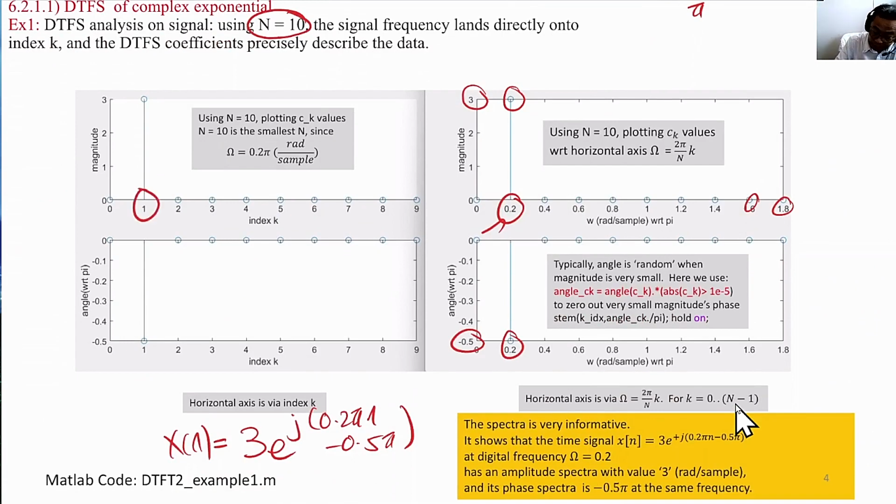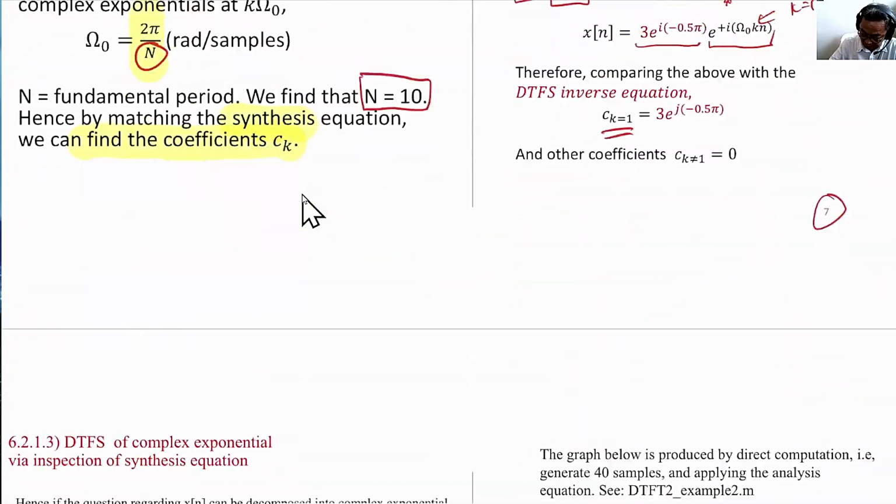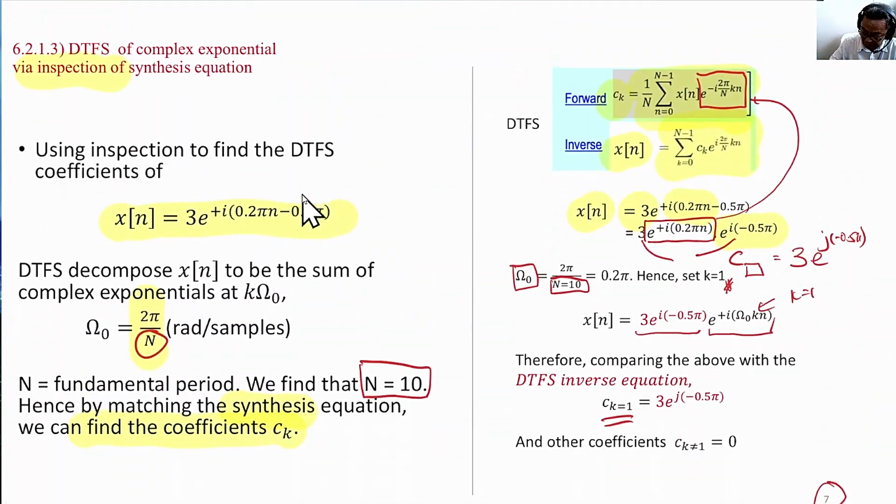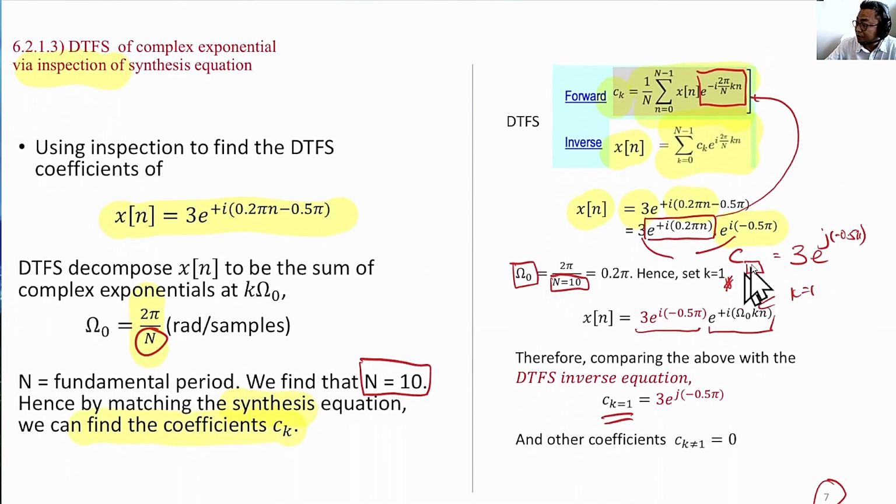This is C1 over here, has magnitude 3 and phase shift of minus 0.5 pi. The rest of the values are 0 because you will see that in this example there are no other requirements of complex exponential at any other frequencies, because xn can be fully represented by this c1 over here multiplying by the corresponding complex exponential at omega naught.